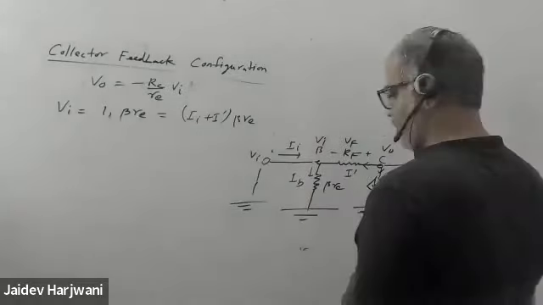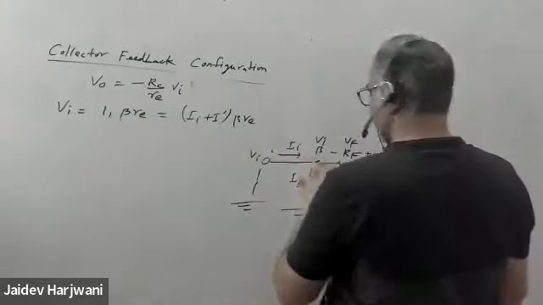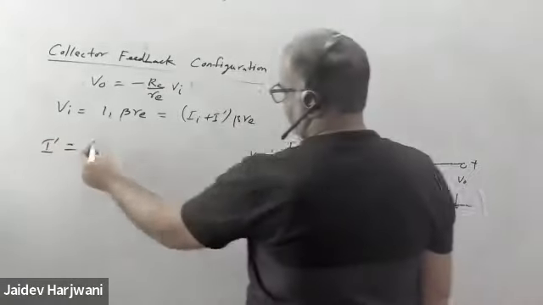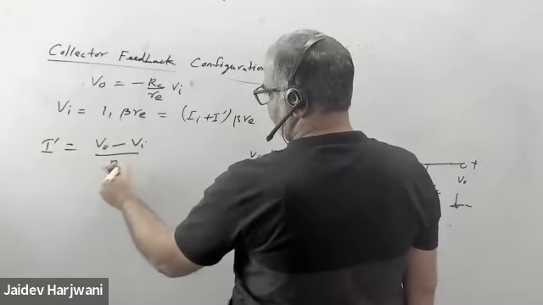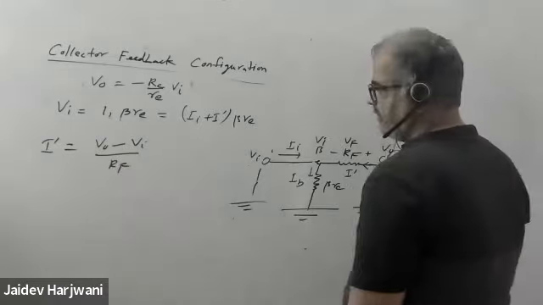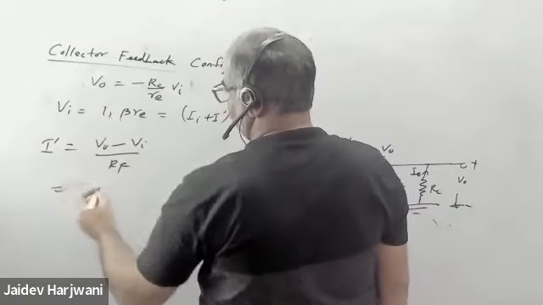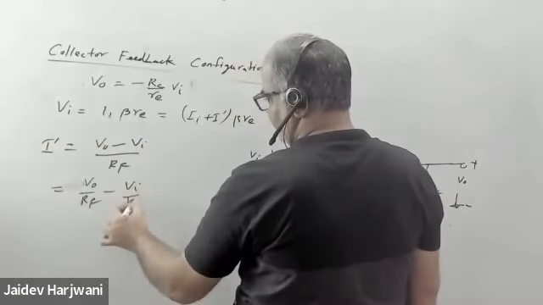So what we are doing, okay? We were calculating this I dash first. So this I dash was what? Your V naught minus V input upon RF. Yes, you are saying correctly. So I wrote V naught upon RF, V input upon RF.